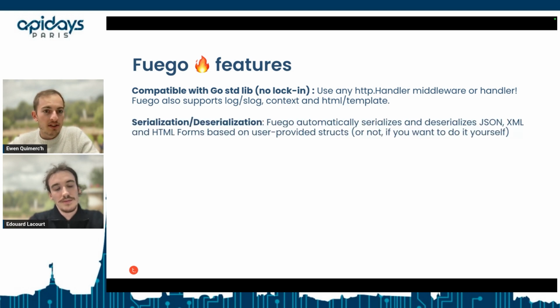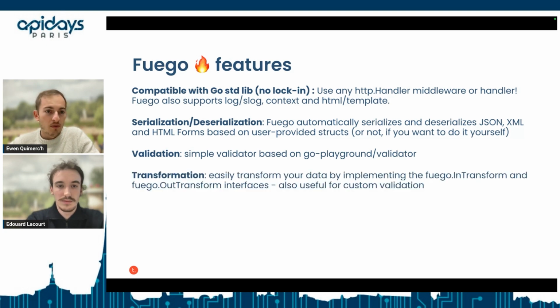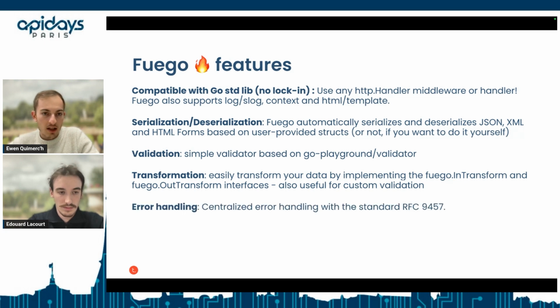We handle serialization and deserialization to generate JSON or XML if you want. We have a validator. As we manipulate types, it's easier to have standardized validation. We also have small tools like transformation, so we can, for example, trim all the incoming strings and things like this.